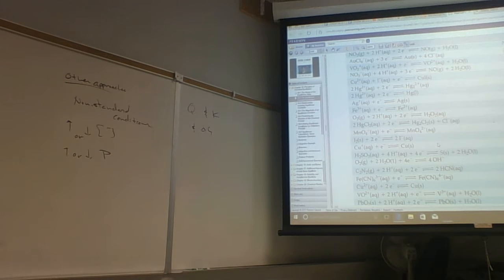Let's take a look. What's the oxidizer here? Copper 2 or tin 2? Just look at the both, can be oxidizers, right? But in this reaction, what is copper 2 acting as? An oxidizer or reducer? It's taking one electron, so this is my oxidizer. Tin 2, is that oxidizer or reducer?